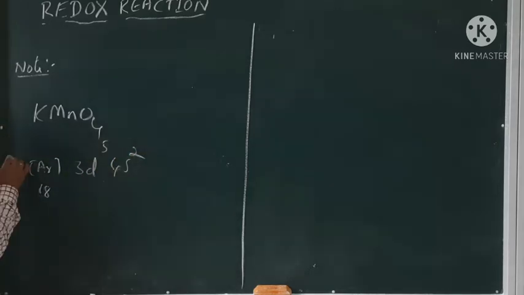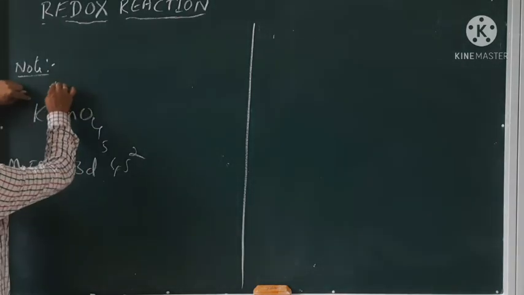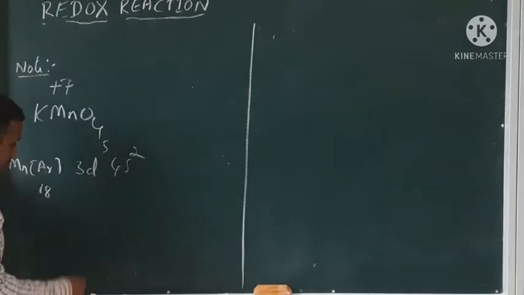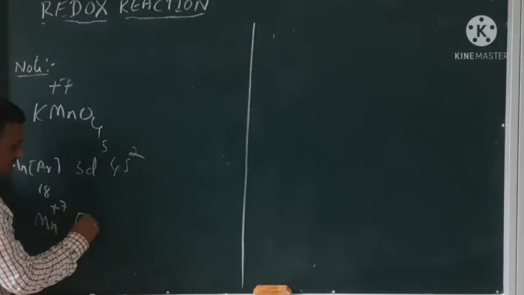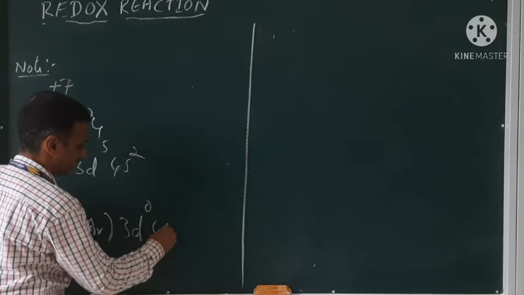This is the electronic configuration for manganese. And here KMnO4 is in the +7 oxidation state. Mn in the +7 state has argon configuration, 3d0 4s0.